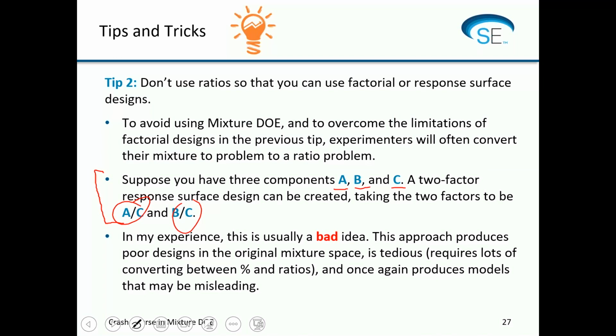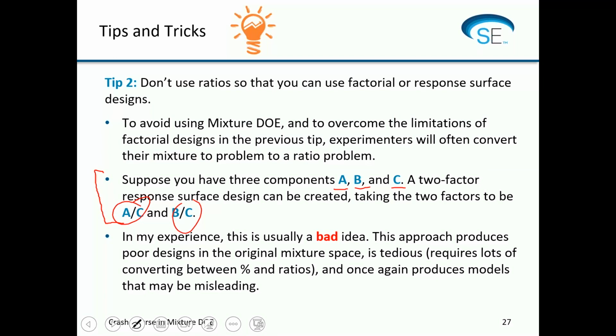Well, first of all, you can't use this if A, B, and C have a lower bound of 0. So chances are you might be running into a problem in the future where this doesn't work. So I don't see it as a good excuse to avoid using mixtures. And in my experience, this is usually a bad idea. This produces poor designs in the original mixture space.